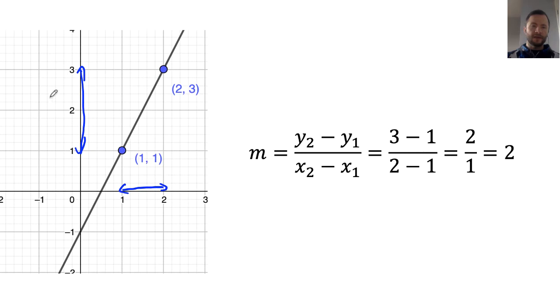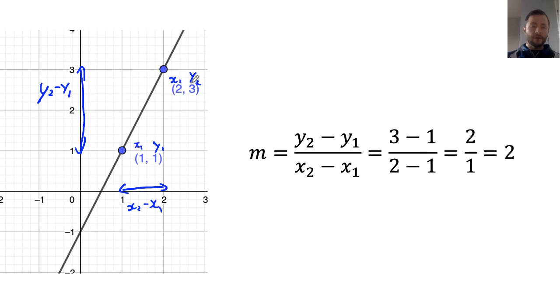So for the vertical distance, I'm going to subtract y2 minus y1. y2 will be 3 and y1 will be 1. I always write down the names above the coordinates. And in a similar fashion, I'm going to subtract x2 minus x1. So this is x2 and this is x1.